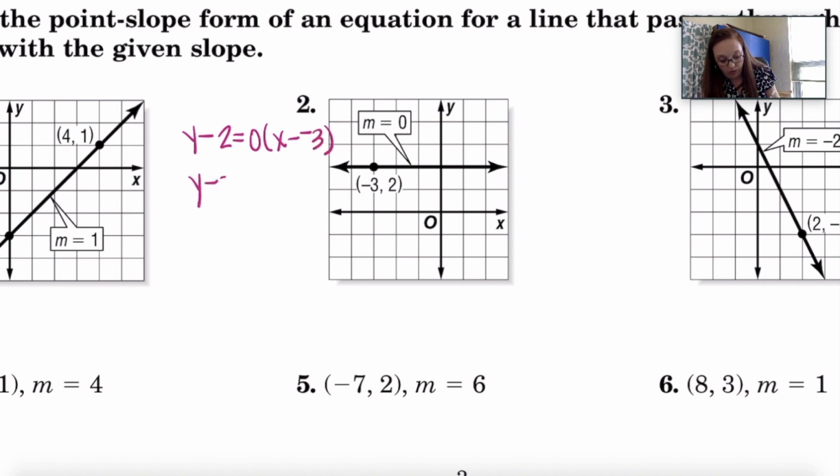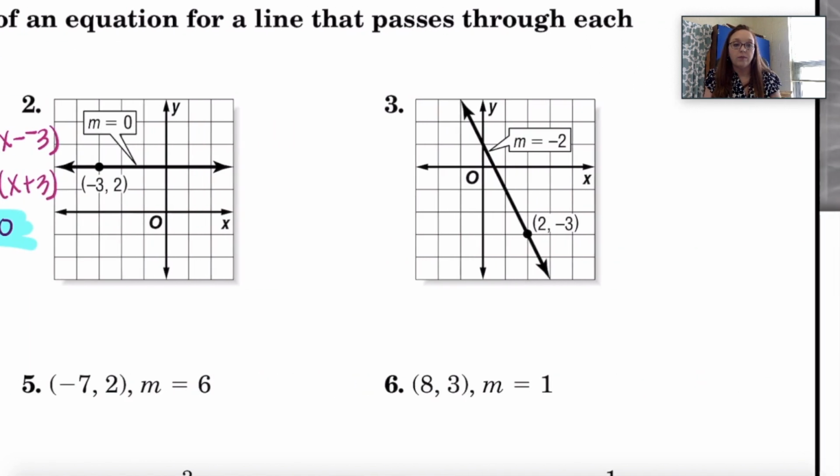Okay, now this one can be cleaned up as well. x minus negative 3 is the same as x plus 3. And the other issue we have here is we're multiplying 0 by whatever's in the parentheses. Well, we know anything times 0 is just 0. So this one also is going to end up looking like y minus 2 equals 0. Okay, let's try number 3.